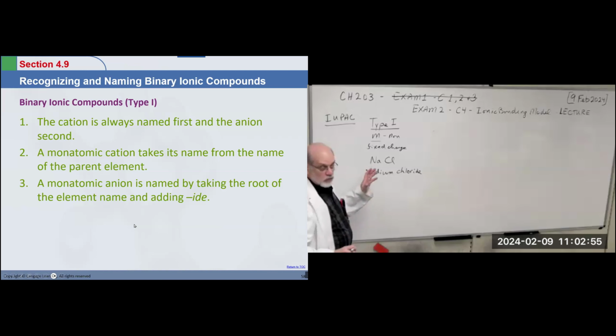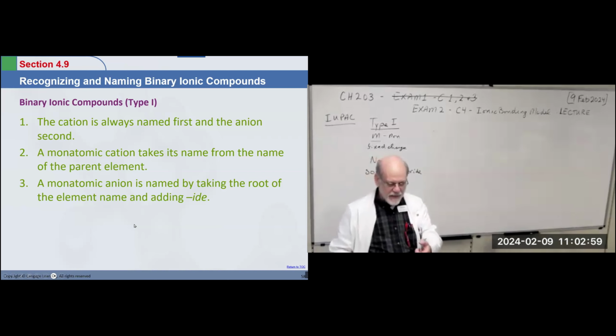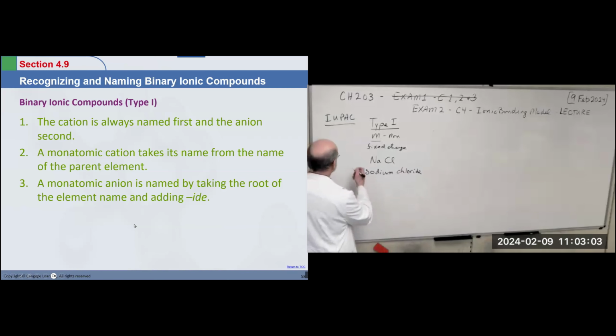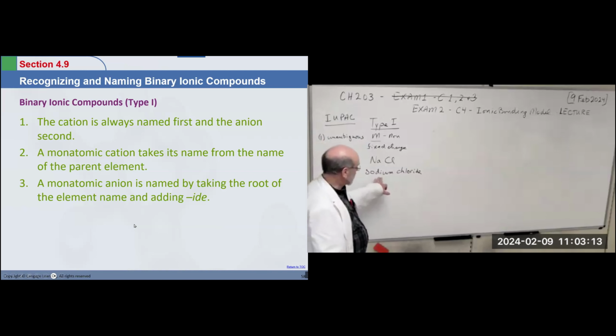They devise these rules so that when I name a compound, you know exactly what I mean. The first rule is that the name is unambiguous. That name can only be that formula, nothing else.